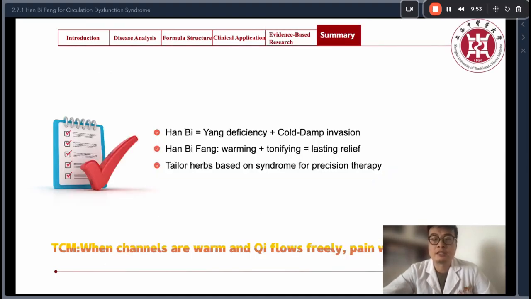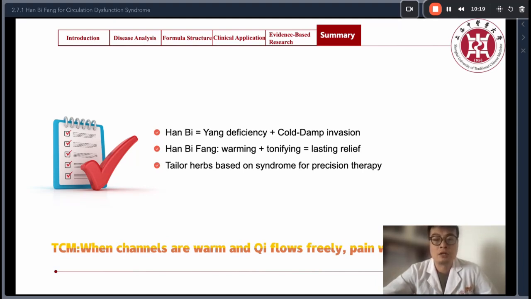Let's summarize today's key points. Cold B syndrome is a cold damp obstruction, often paired with yang deficiency. Han Bi Fang addresses both the external cold and internal weakness. It warms the meridians, nourishes the body, strengthens yang, and opens circulation.